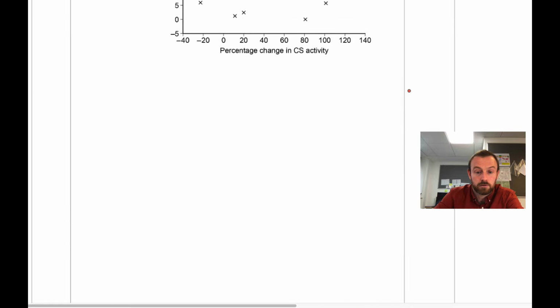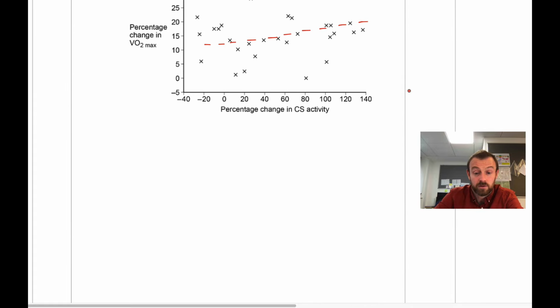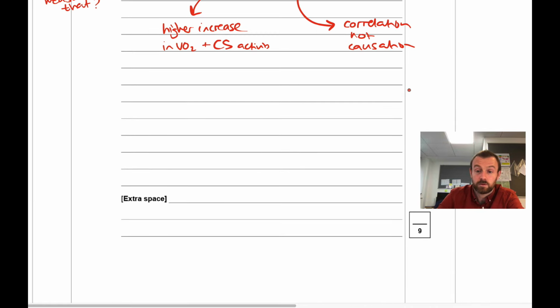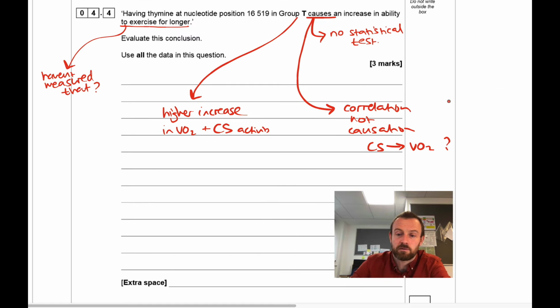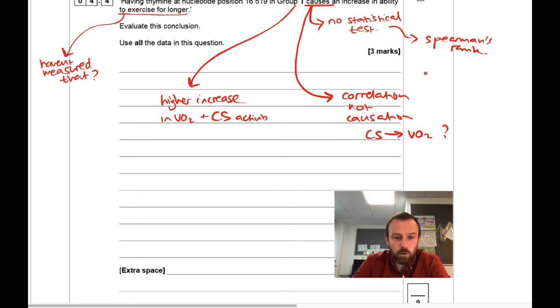For figure 6, that's CS. Does that lead to VO2 max? Who knows? We could mention the fact that we would do a Spearman's rank test. I think that's probably going to get it.